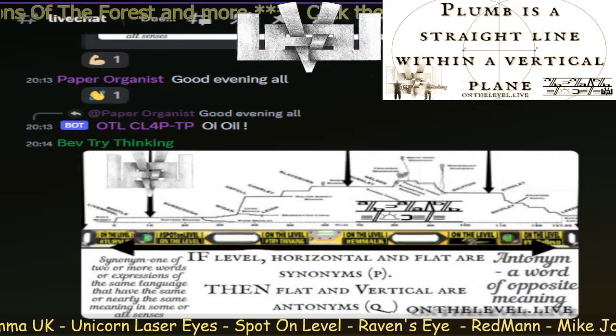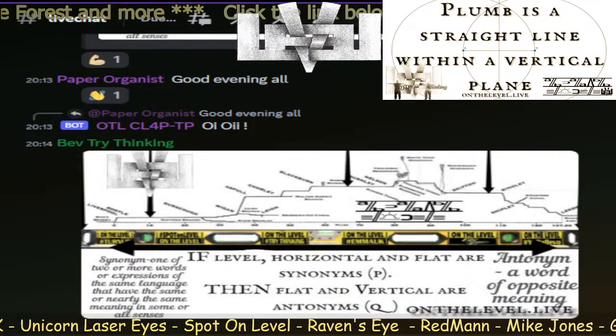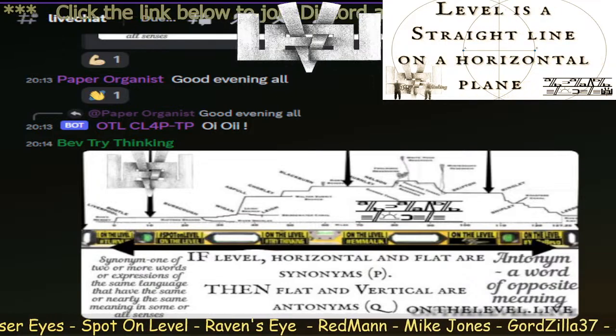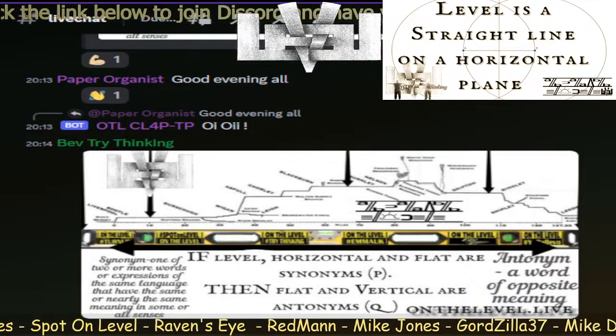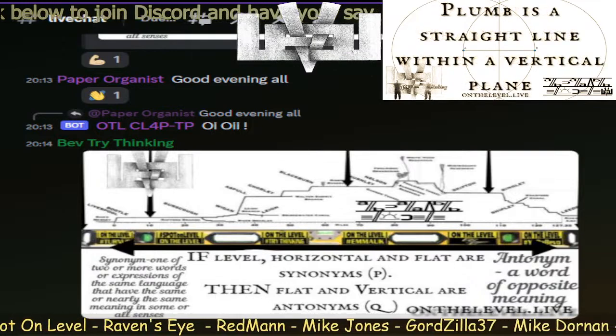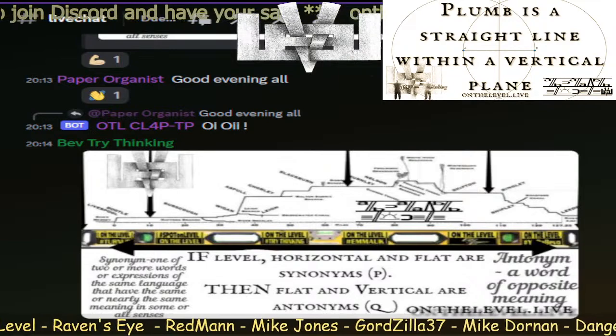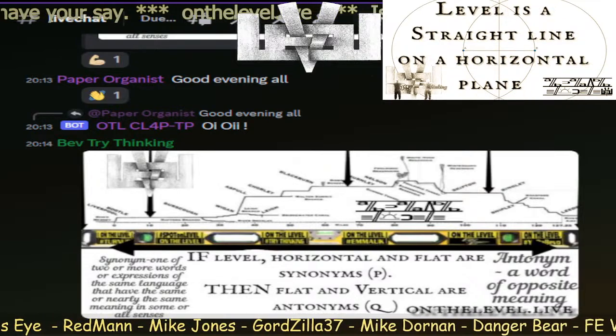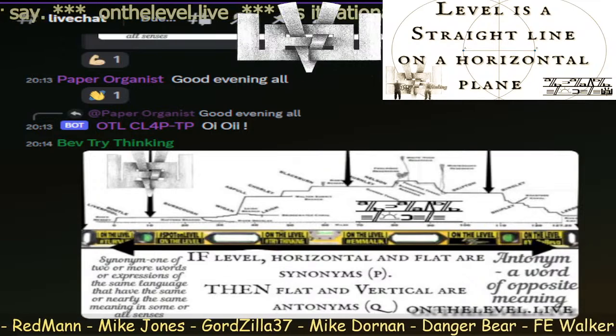They're words that are similar or the same meaning, really. And obviously, an antonym is the opposite. It's a word of opposite meaning.